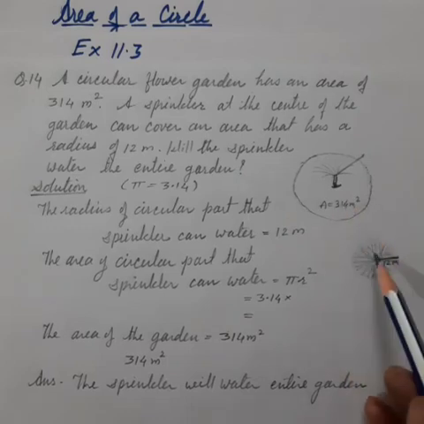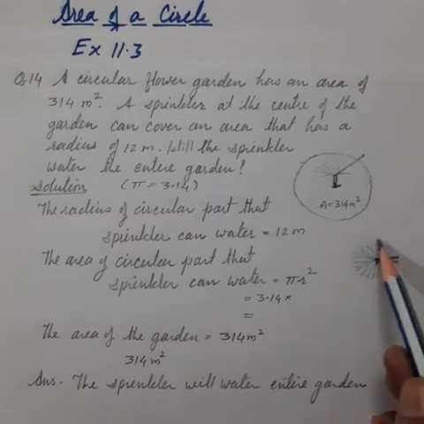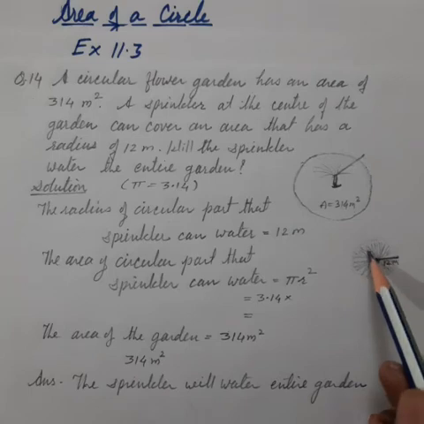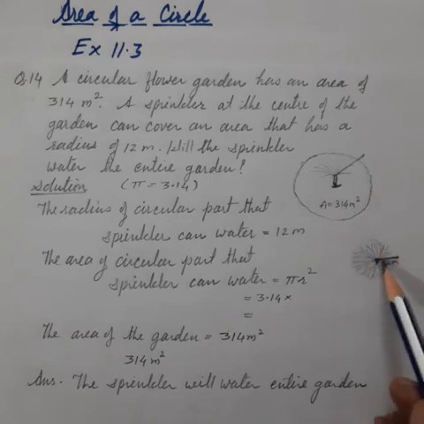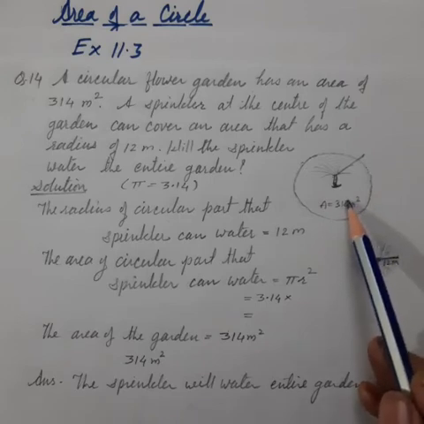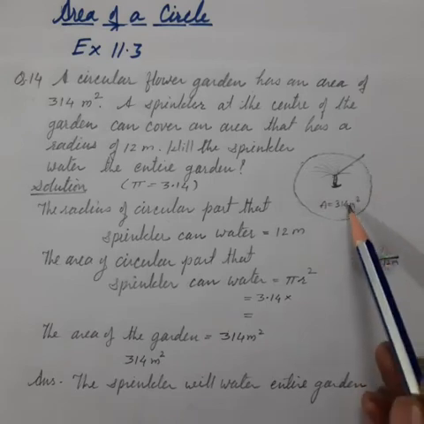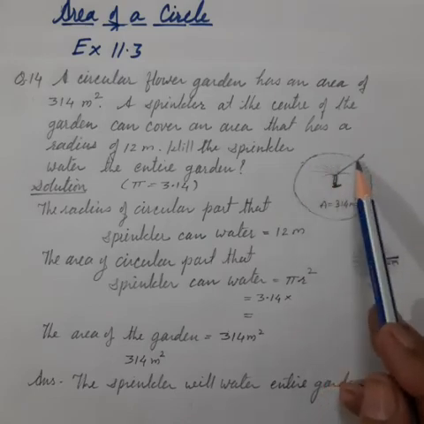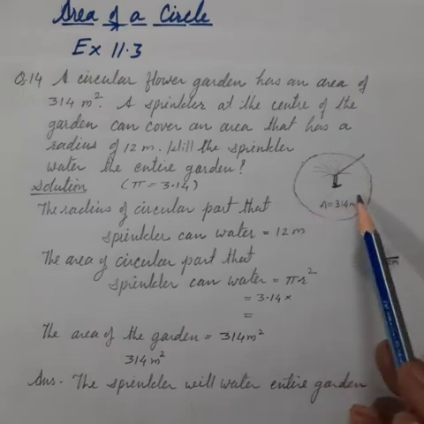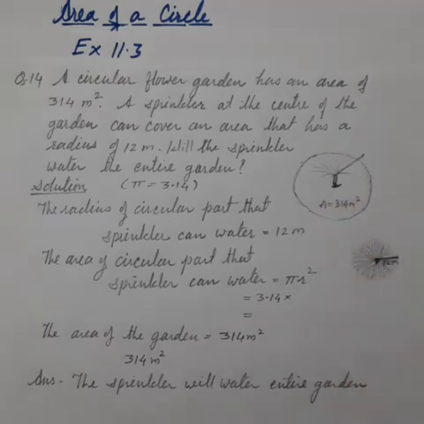For that we have to find out the area of the circular portion where the water from the sprinkler reaches. If this area is greater than or equal to the area of this garden, this sprinkler will water this entire area, otherwise not.